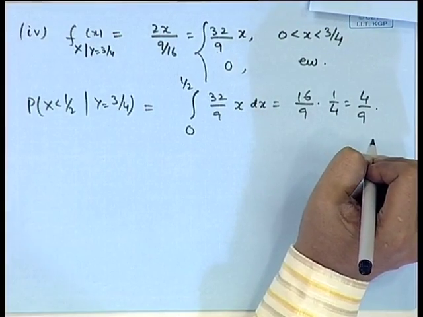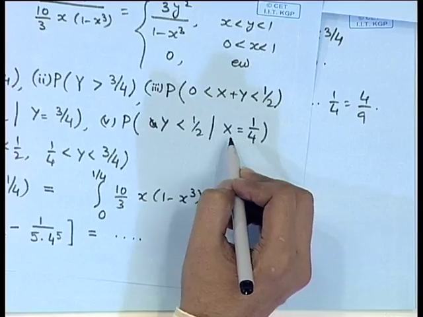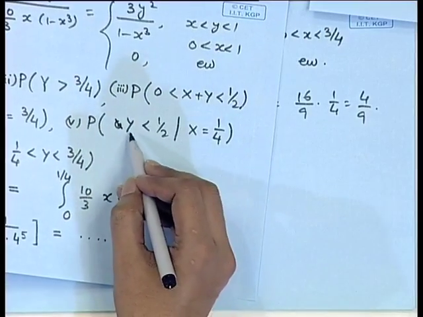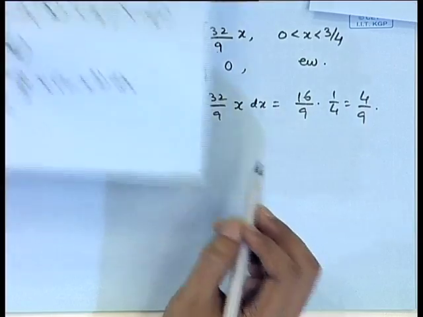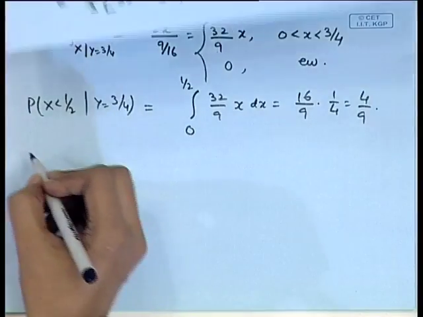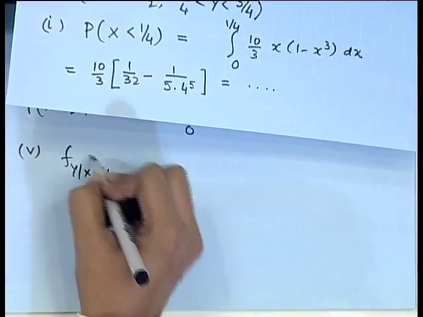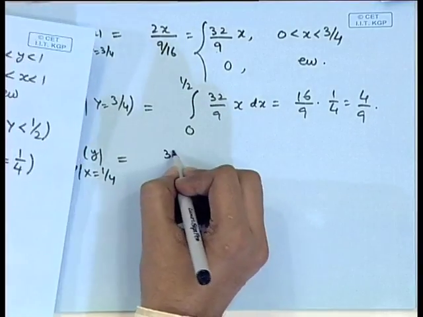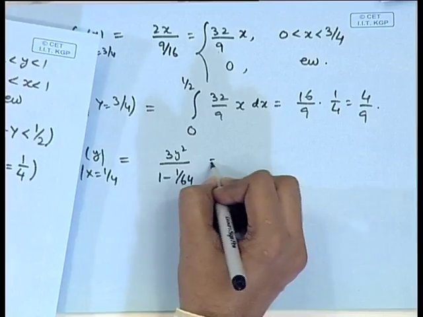In a similar way, if we want to calculate probability of y less than half given x equal to 1 by 4, then we use the conditional distribution of y given x and substitute x equal to 1 by 4 here. The conditional distribution of y given x equal to 1 by 4 is obtained as 3 y square divided by 1 minus 1 by 64.